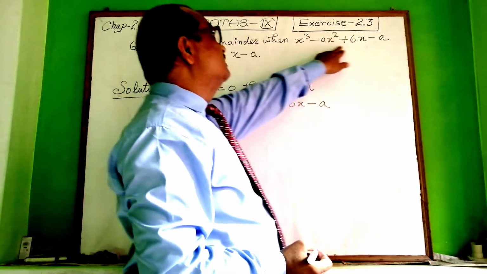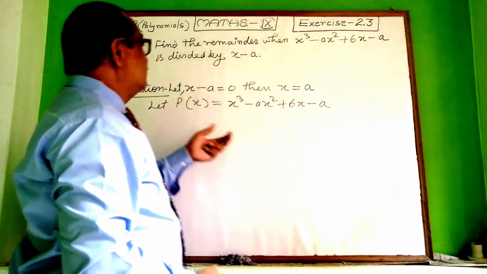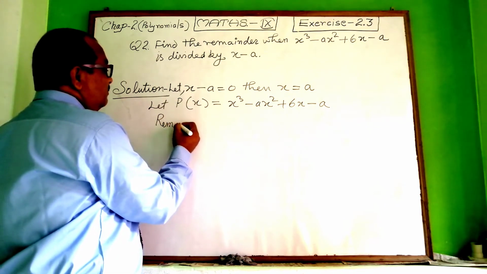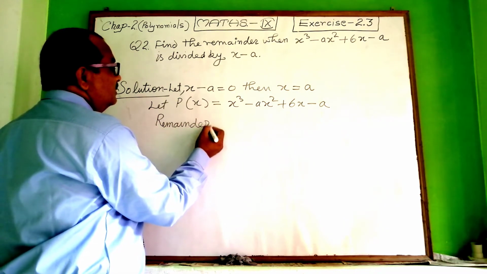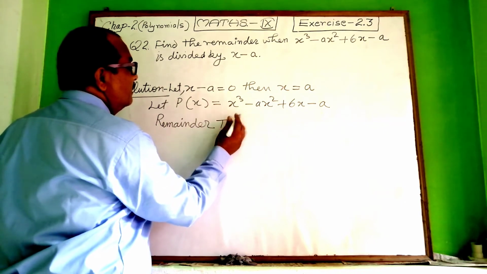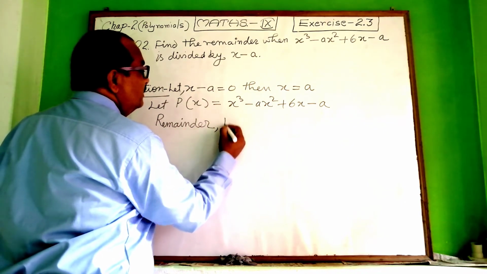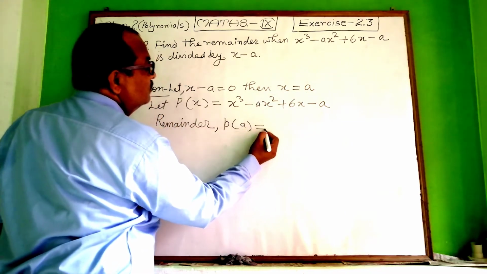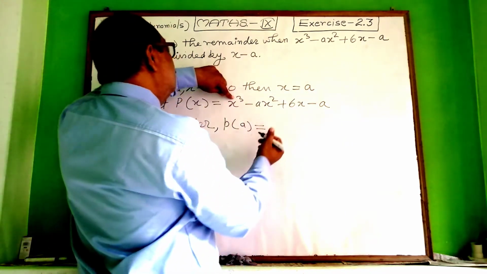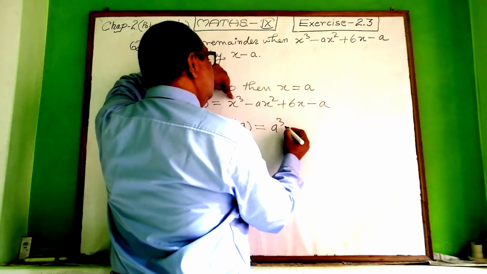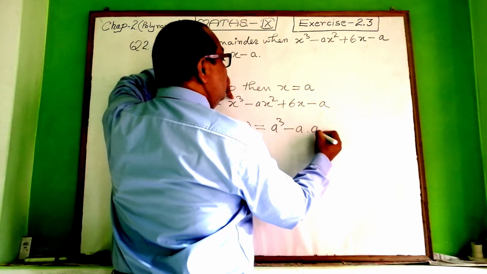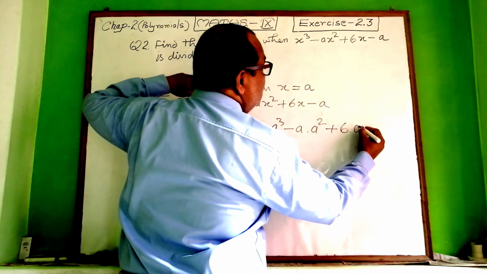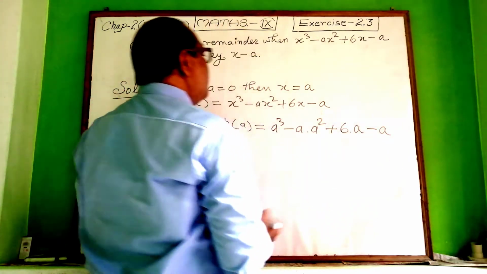See, this one, the dividend is p(x). So you will see what the remainder will be according to the remainder theorem. Remainder will be p(a). Now substituting x by a: a cube minus a into a square plus 6 into a minus a.